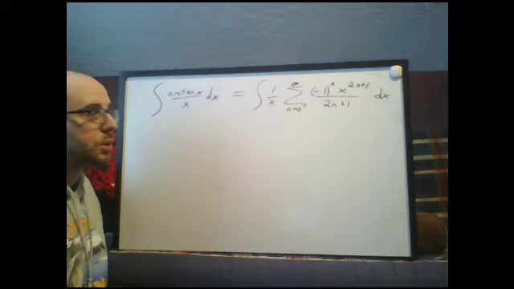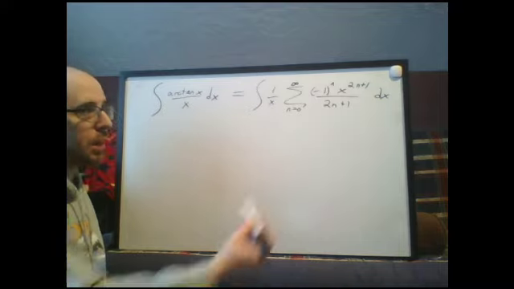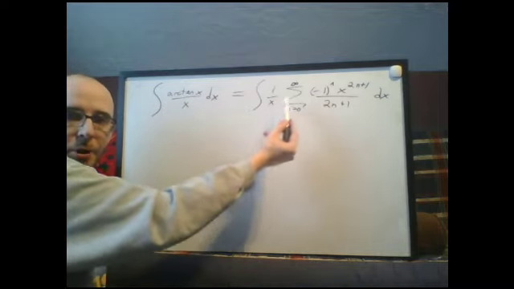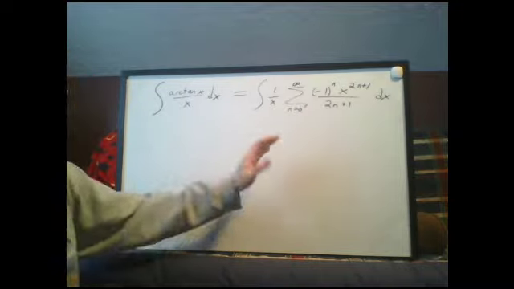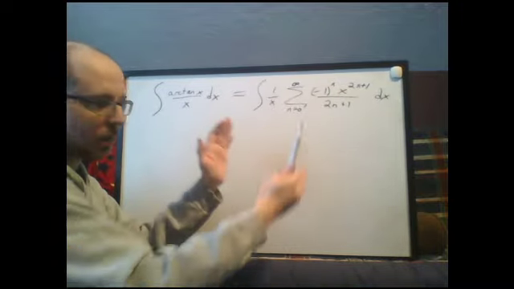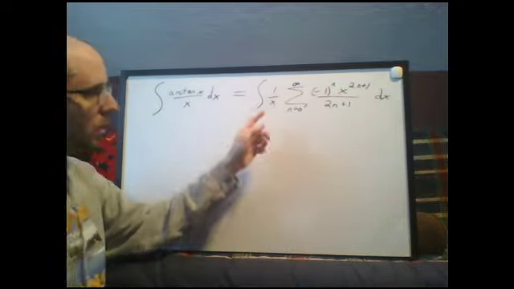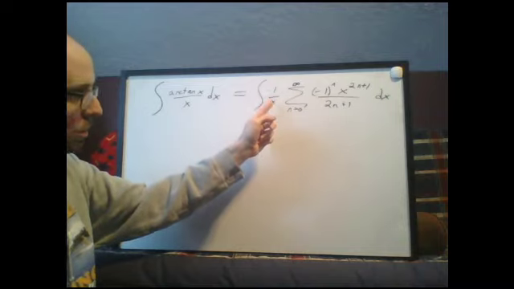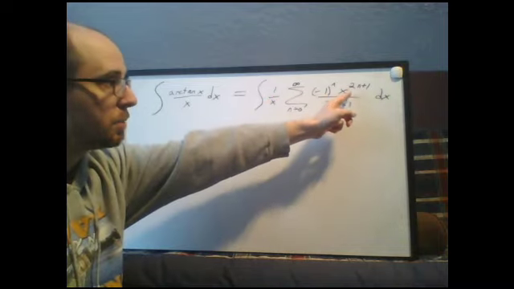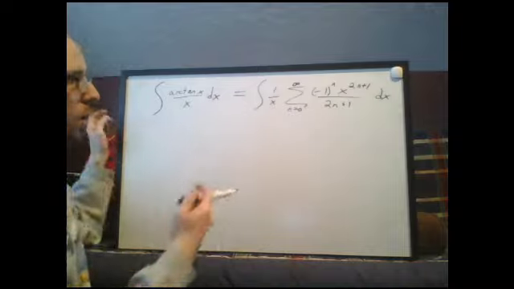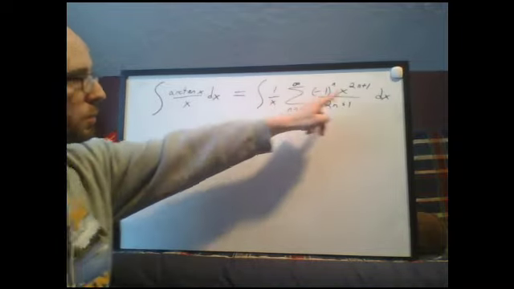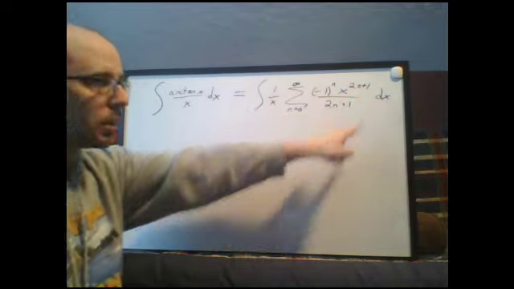Okay. So it's not ready to integrate just yet because we have this extra x that's not part of the series. So we need to turn it into a single power series where it's just an infinite polynomial. That means I have to multiply this 1 over x times x to the 2n plus 1.